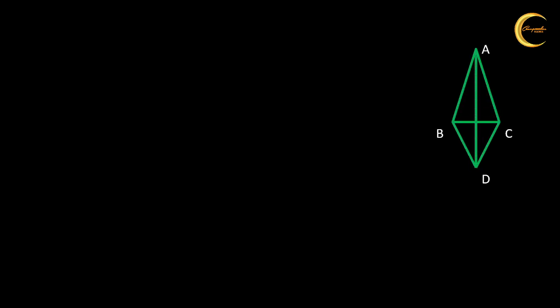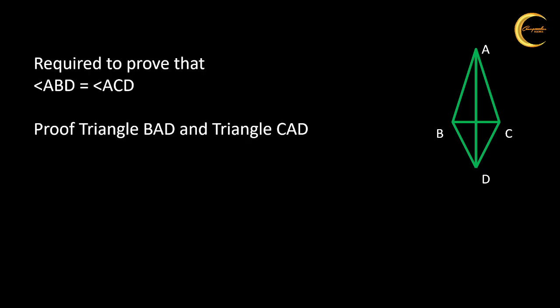Now let's see another problem, where the two triangles are on opposite sides. So the points A and D are on opposite sides. And again we have to prove that this angle ABD equals this ACD. How will we prove that? Again it is simple, as we have proved earlier. These two triangles have been formed.